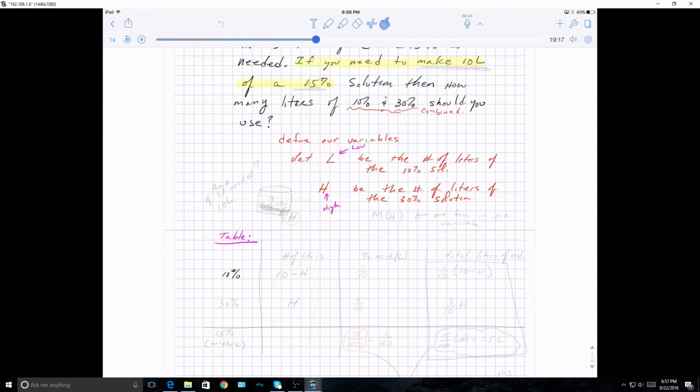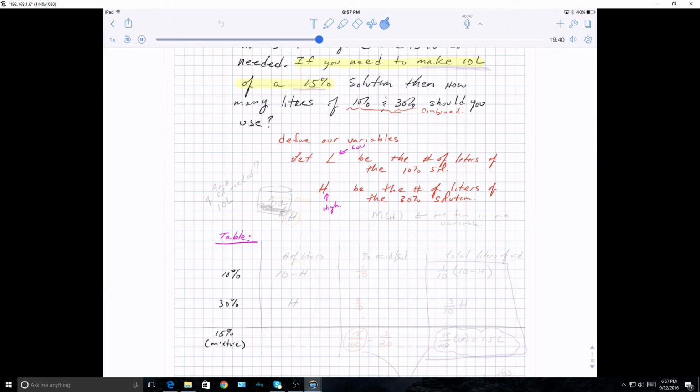We're going to need to know something about the 30% solution that we're going to use. And we're going to need something about the mixture, which is the 15% solution. So I'm just going to write mixture underneath that. Okay, so these are going to be all the amounts of things that we're going to need, right?